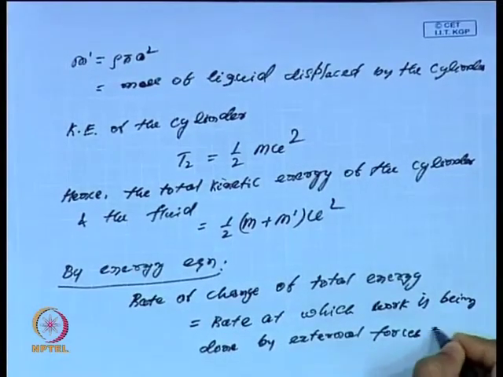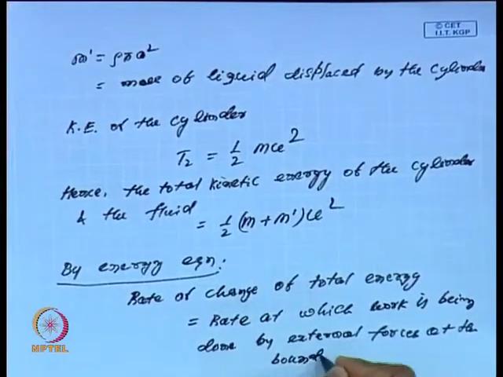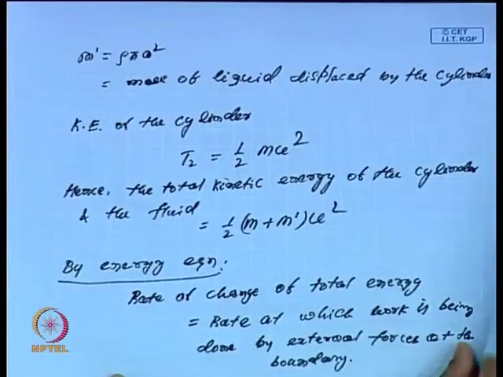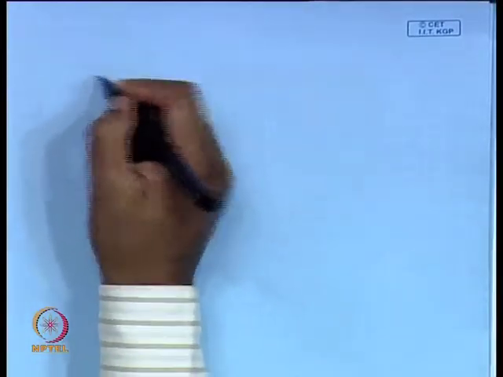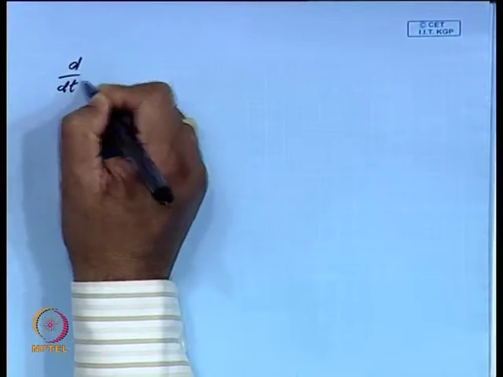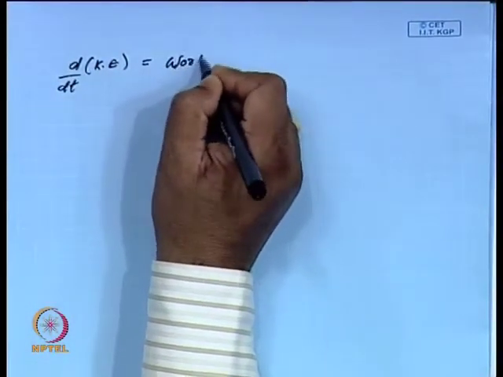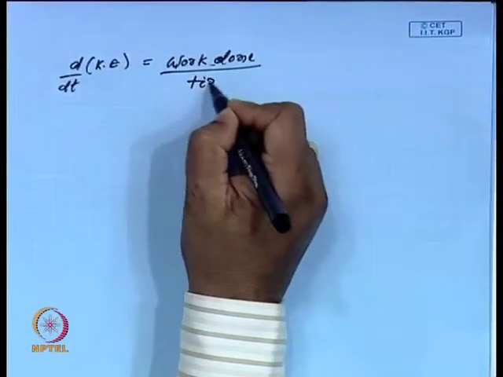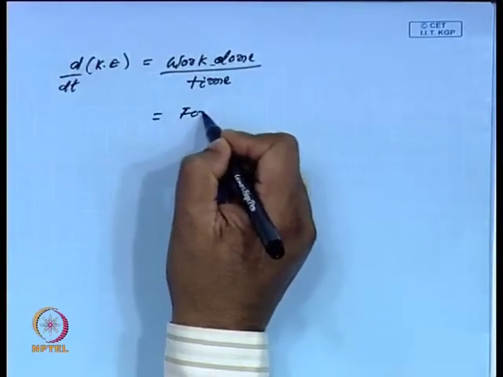External forces are at the boundary. If I apply this to the case of the cylinder, then d by dt of the kinetic energy is equal to the work done per unit time, and work done is nothing but force into distance.